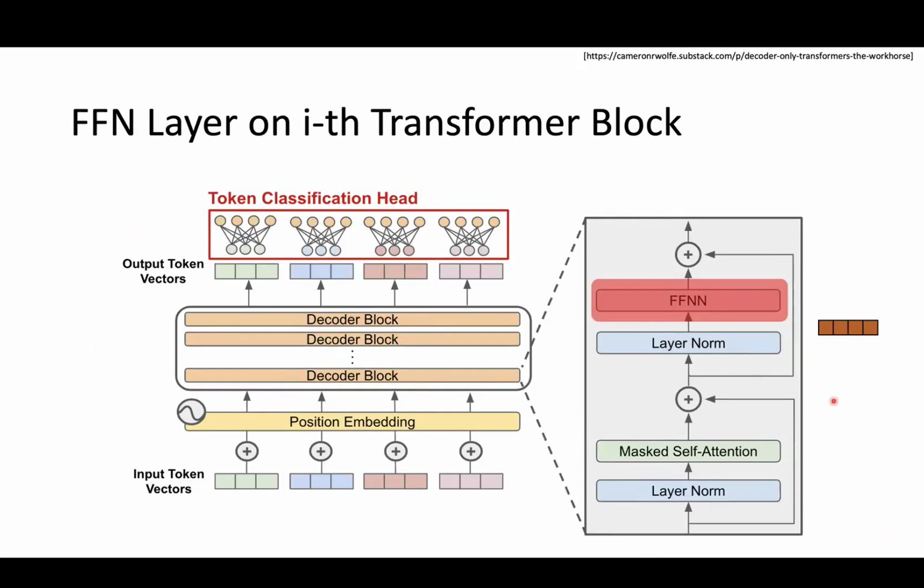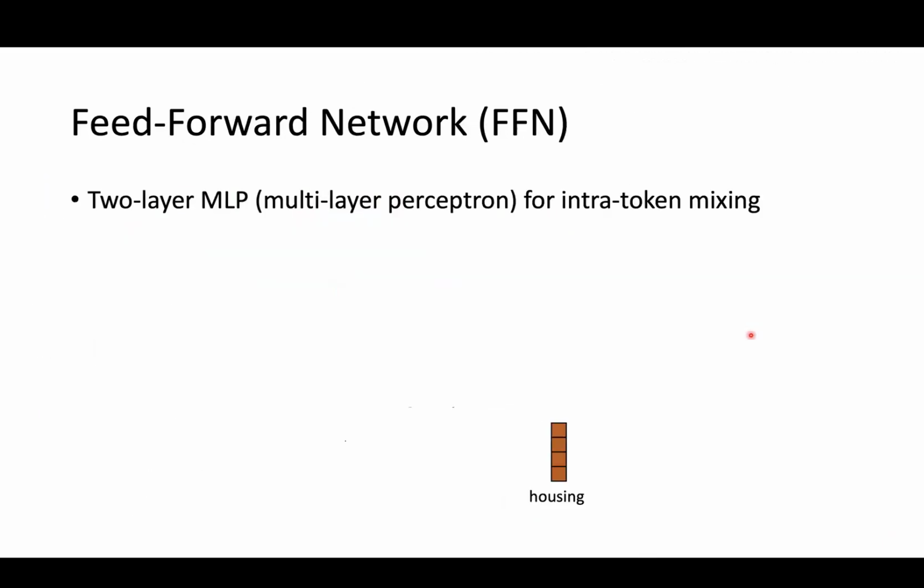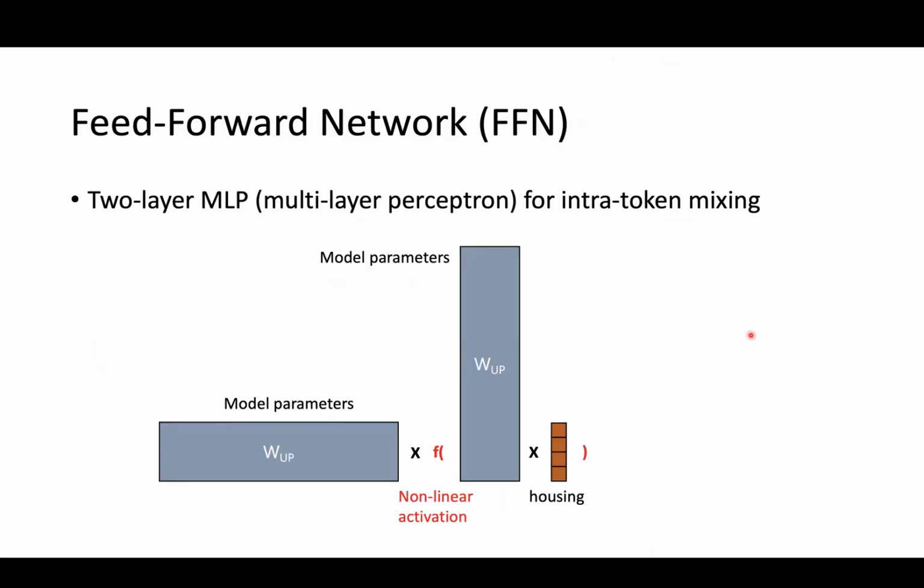And then we go to the feedforward network. In the feedforward network, we just execute two matrix-vector multiplications to obtain the output. So as we saw in the attention layer and feedforward network, basically given an input vector, we do matrix-vector multiplication.